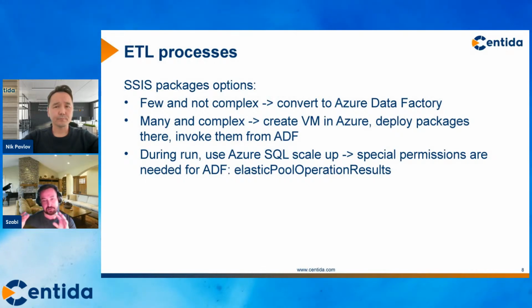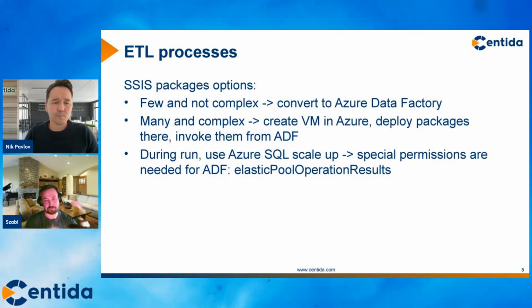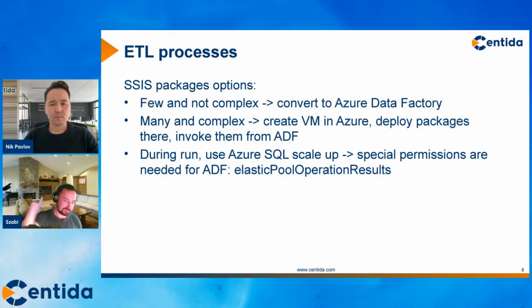Before the pipeline activities execute, the Azure SQL Elastic Pool, because we have multiple databases and we used Elastic Pools, is scaled up. When everything is finished, or if there was an error and the whole process halted in one of the steps, we scale it down. So that was very good.